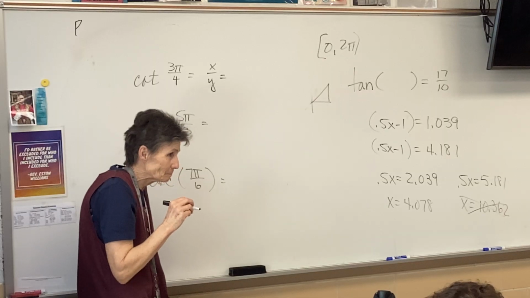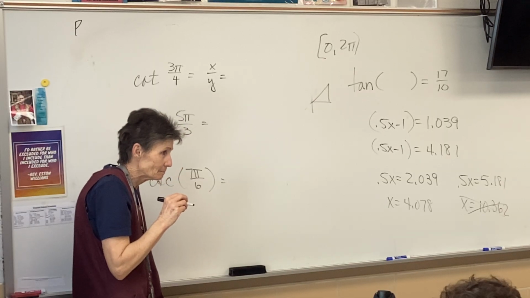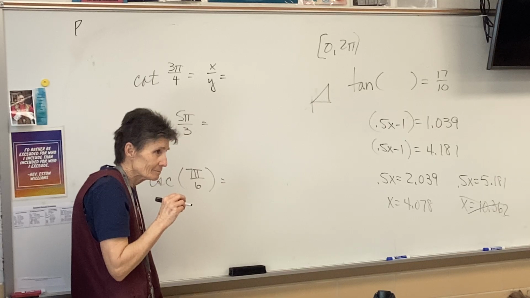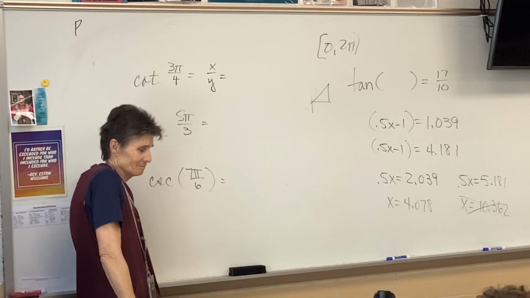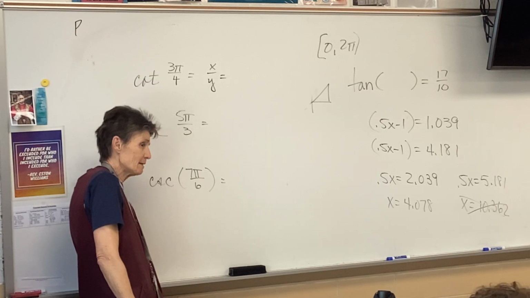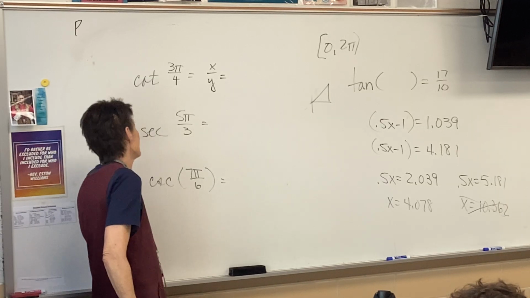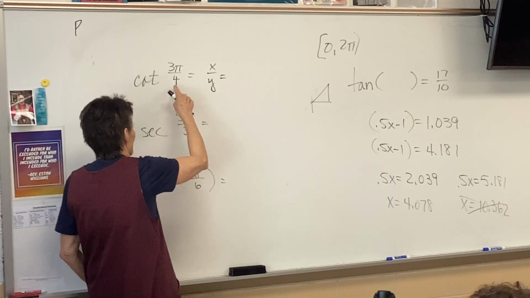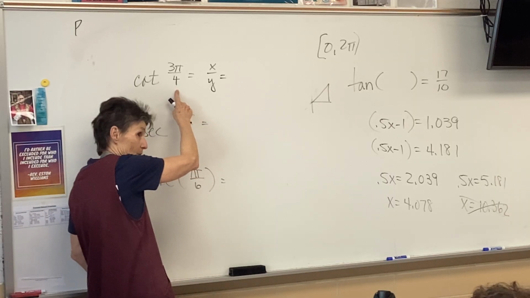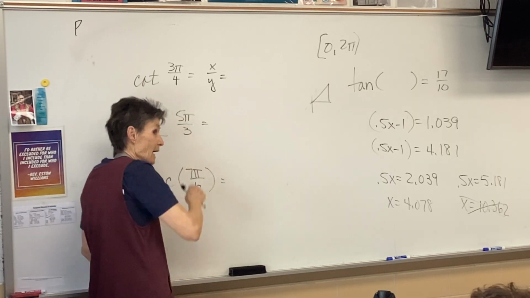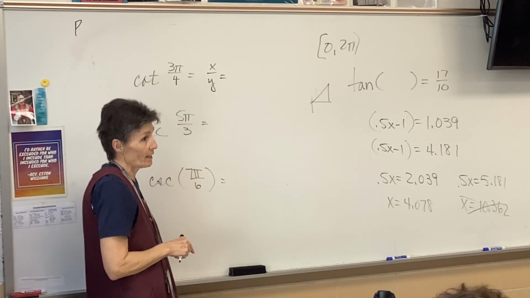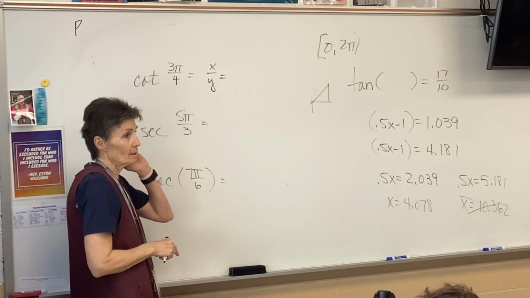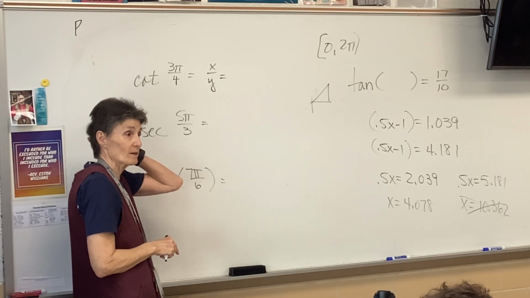4 over 3 pi. Oh, it doesn't exist? Never mind. Okay, Charlie, I need you to lock in here. I'm locked in. Okay. 3 pi over 4 is an angle. We do not ever reciprocal angles. You're right. We reciprocal the fractions, the trig functions.